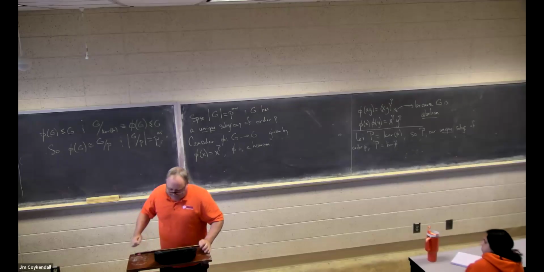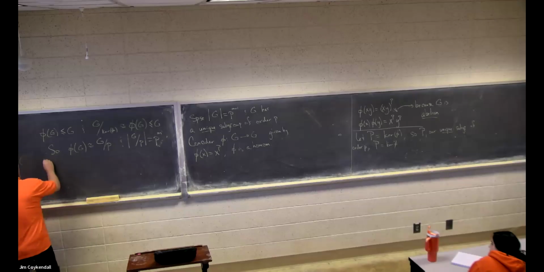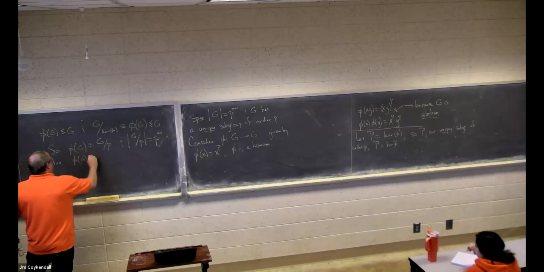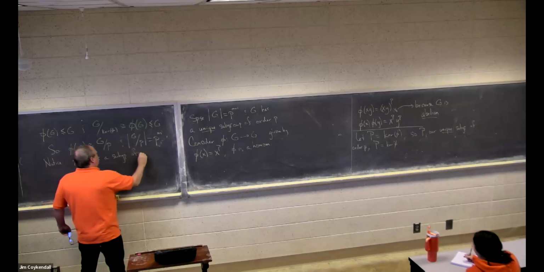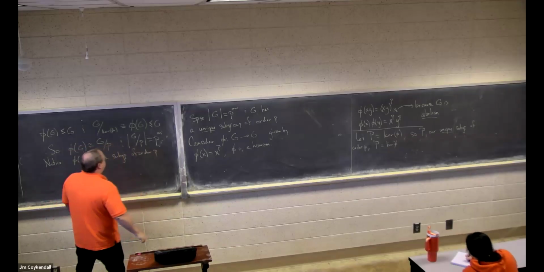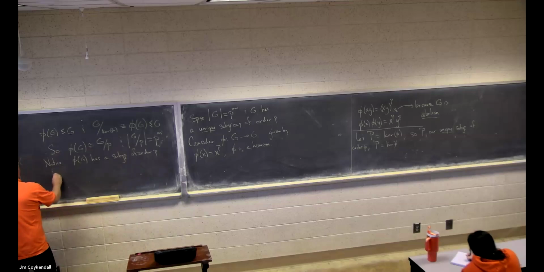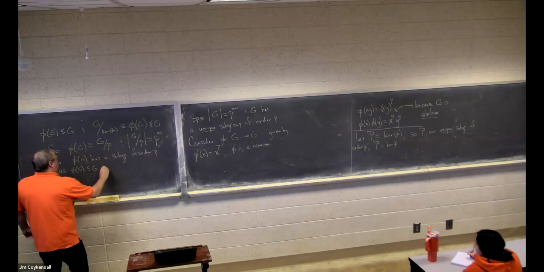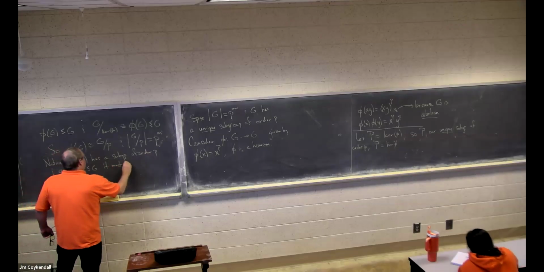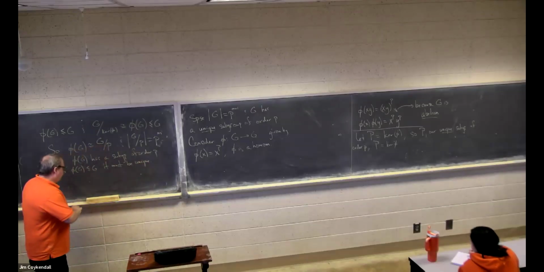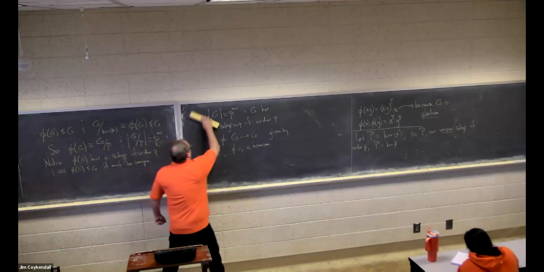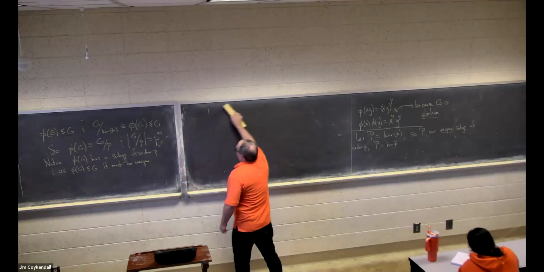Notice phi of G has a subgroup of order p. And as phi of G is a subgroup of G, it must be unique, because any subgroup of order p of phi of G is a subgroup of G of order p, so there can only be one of them.